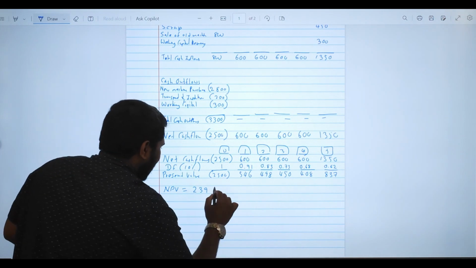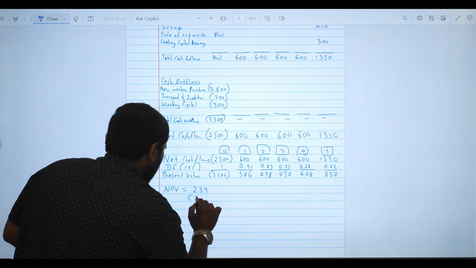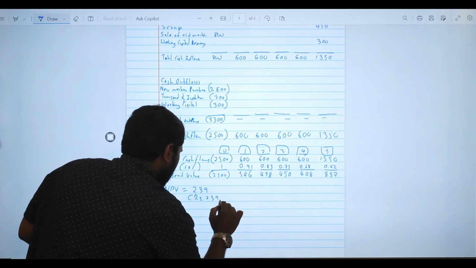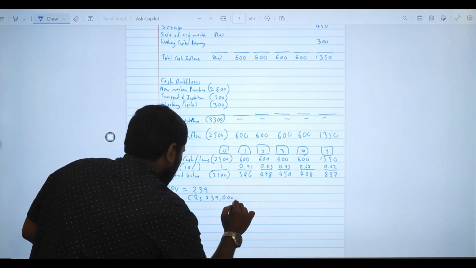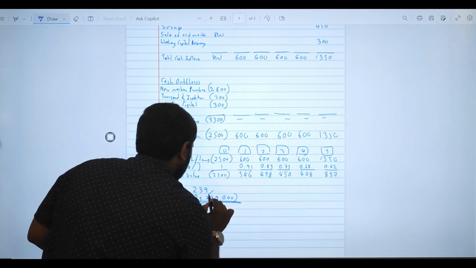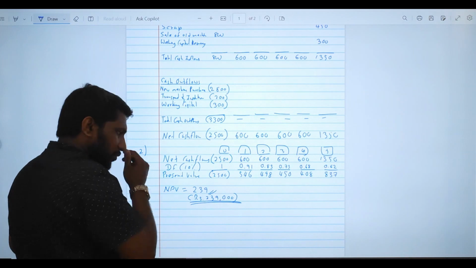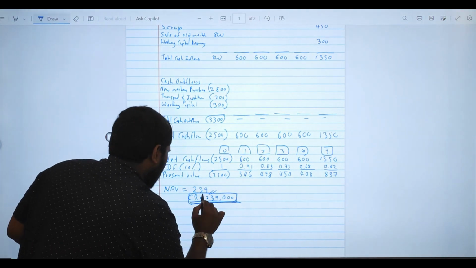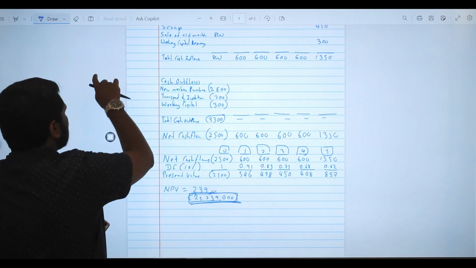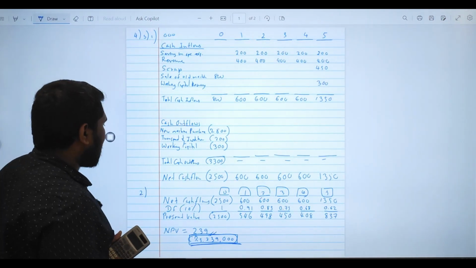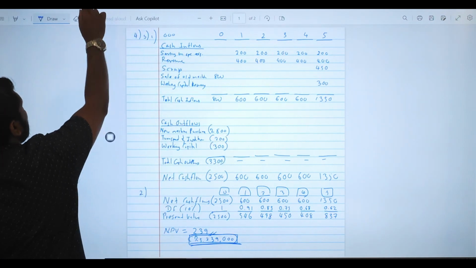So inside the brackets I'll write rupees 239,000. Why is it rupees 239,000? Because we did the calculation in thousands in this particular question. So that is the answer for part 2.